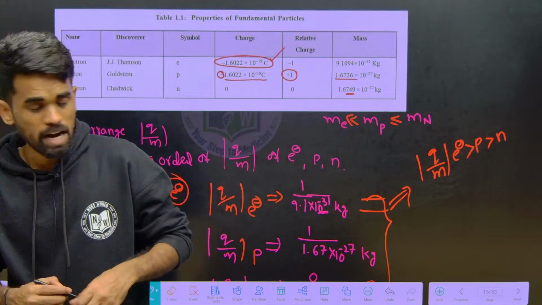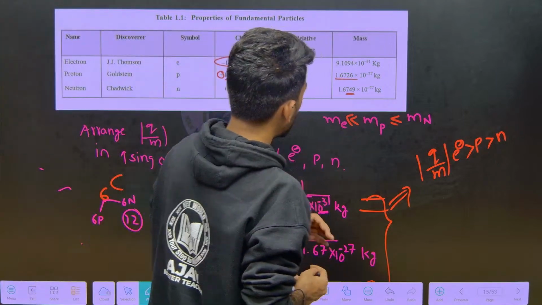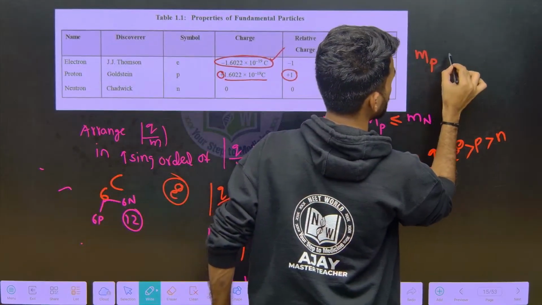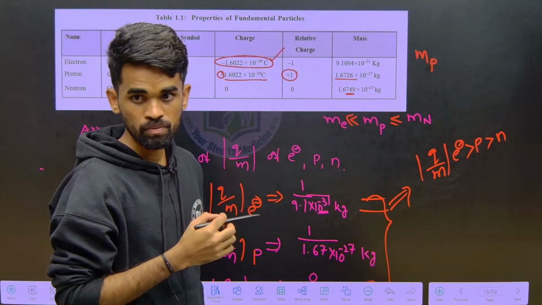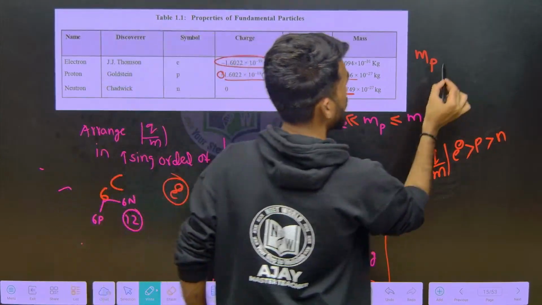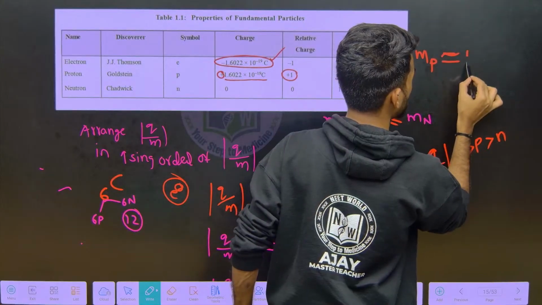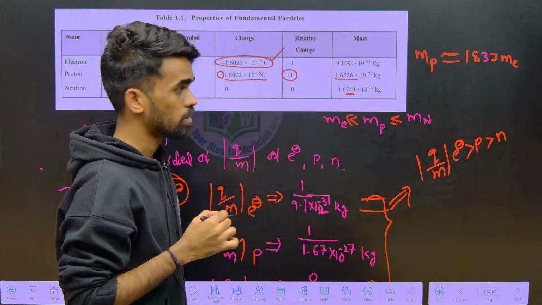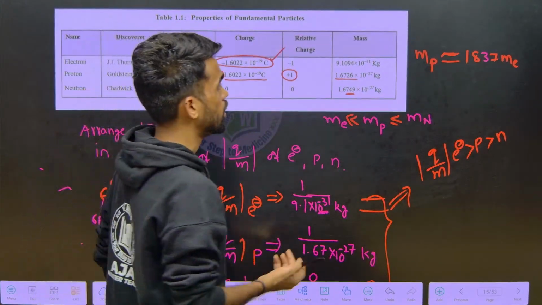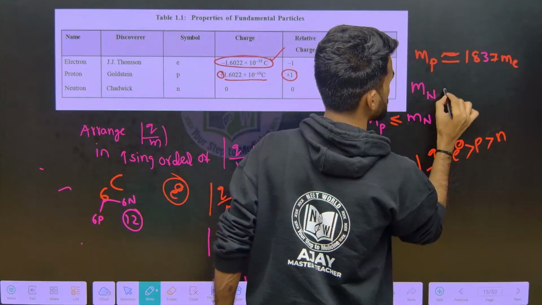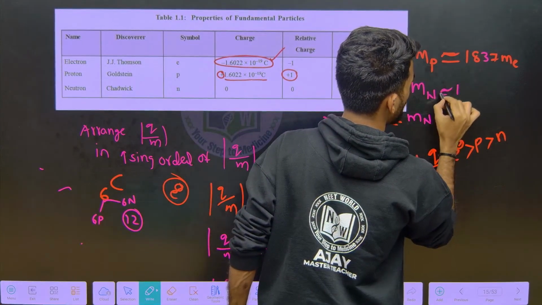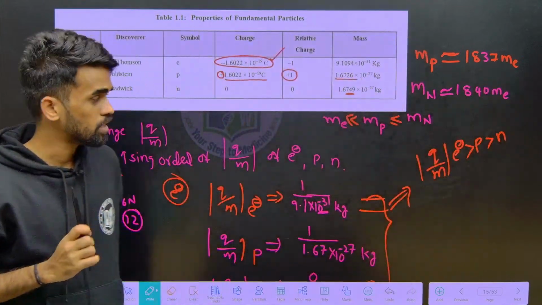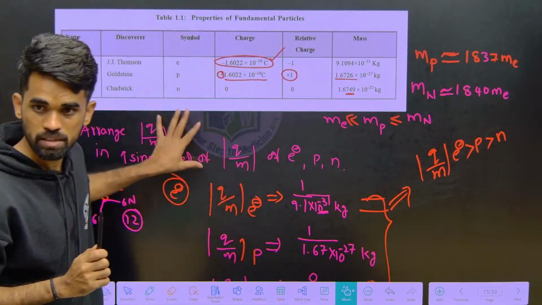And if I want to express how many times the mass of the proton is bigger than the mass of the electron, the mass of the proton is approximately 1837 times the mass of the electron. Similarly, the mass of the neutron is approximately 1840 times the mass of the electron. This is all the basic information that is required for you.